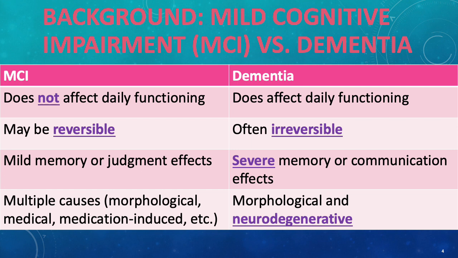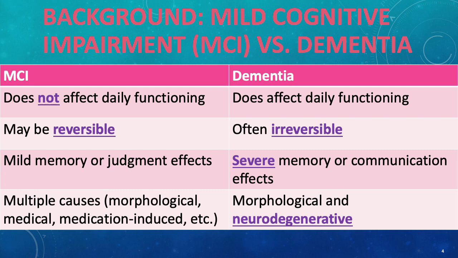However, dementia is a progressive and terminal condition. It's a process of neurodegeneration and it's never going to be reversed. So that's why we equate dementia with an irreversible process. In terms of mild cognitive impairment, there may be some memory issues, but with dementia, it is severe.